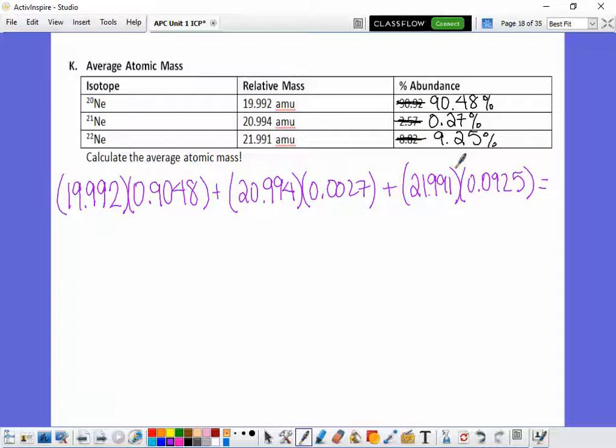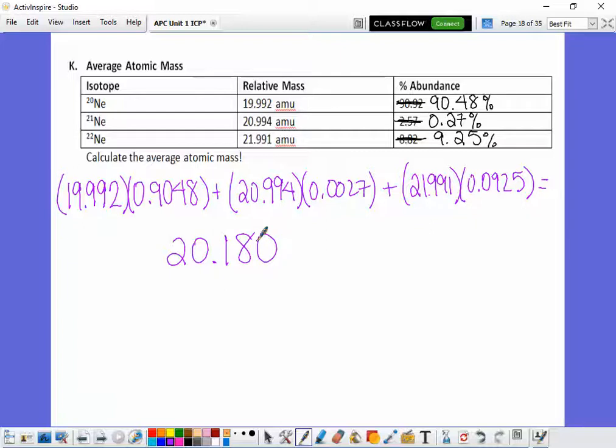Okay. So go ahead and do all of that math. And what do you get? 20.180, because it's 1796 and the 6 rounds the 9 up, which rounds the 7 up.